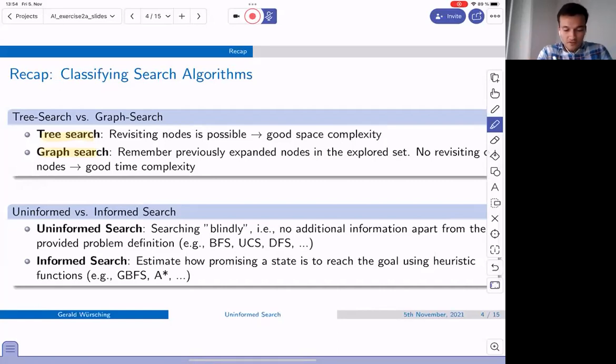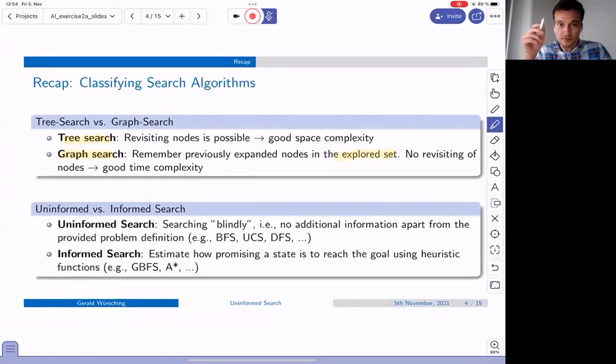In graph search, however, we remember the previously expanded nodes and store them in the so-called explored set, which I showed you two slides previously. This means that we can't revisit previously expanded nodes. This gives us a good time complexity, so we avoid infinite loops.